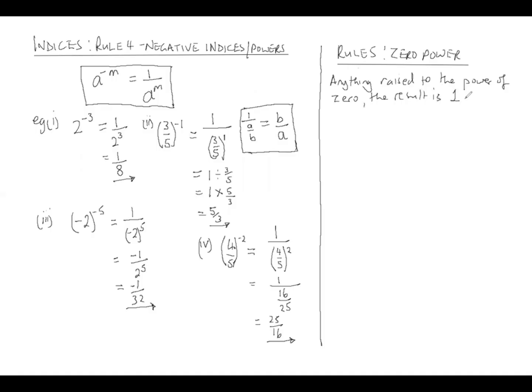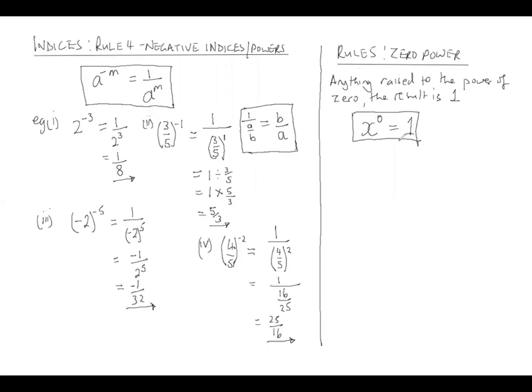So anything or any number raised to the power 0, the result is 1. I'm going to present it in this manner, so that any number, let's represent it with x, raised to the power 0 gives us 1. Just going to put it in a box.